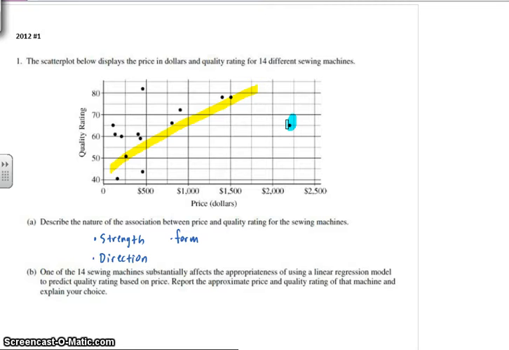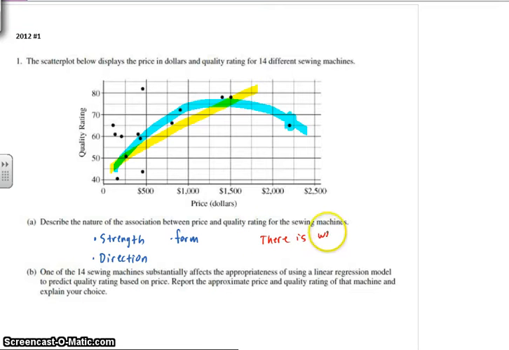The other thing we should address is the form, and that is, does it look linear? Well, this point right here sort of makes the data not look linear. All right, so that's what I'm going to write in this response.